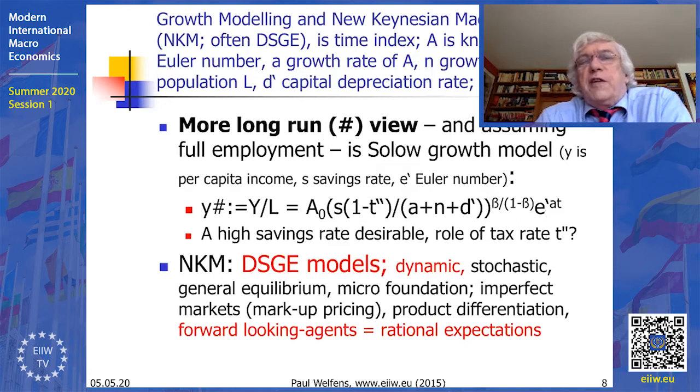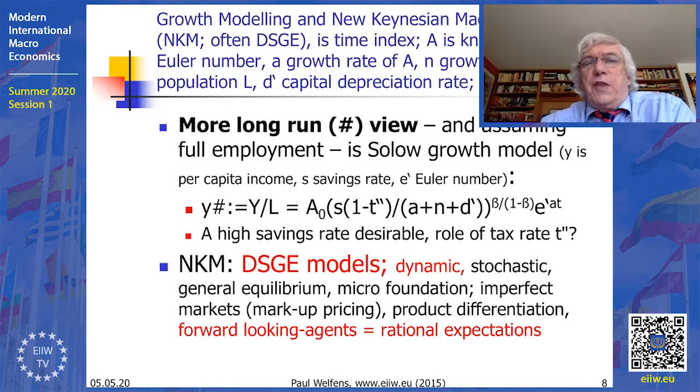This is just a simplification, of course. We have a growth rate of knowledge, which is small a, and we have a growth rate of the population, denoted by small n. We have a depreciation, which is denoted by d prime or sometimes by delta. And the production function is simply Cobb-Douglas, so capital Y is K to the power beta, times, in brackets, A times L to the power 1 minus beta.